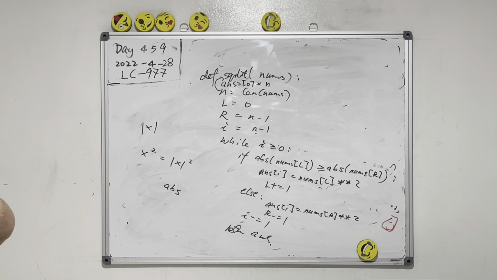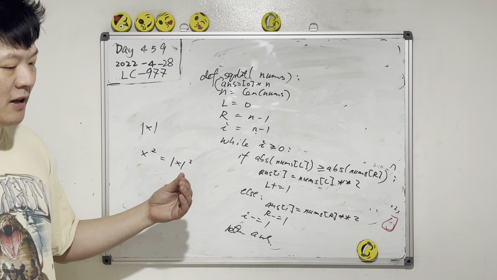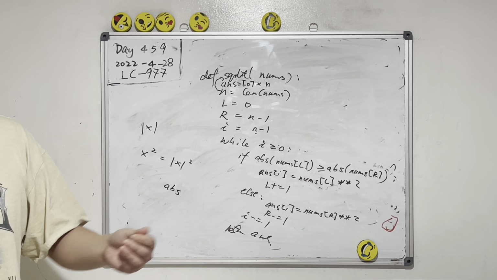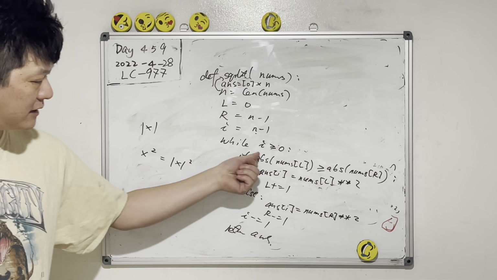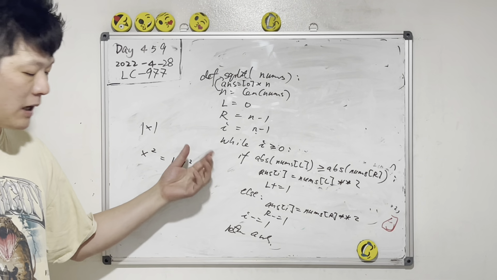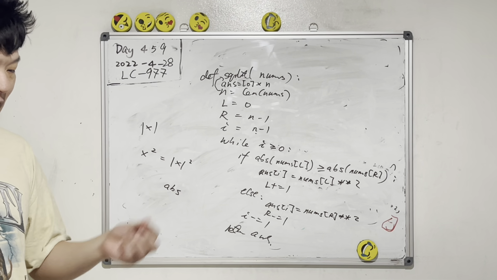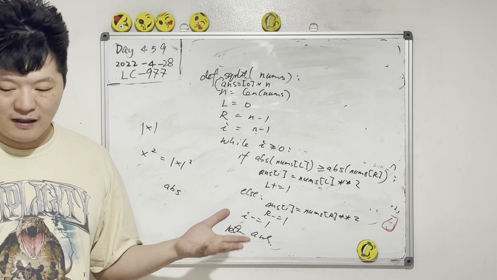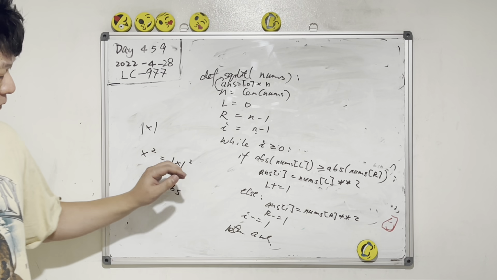We always fill the squared numbers from largest to smallest. This is what the i is for. The time complexity is O(n) because each number is visited exactly once. Two pointer thing, and we are not sorting. That gives us better performance.